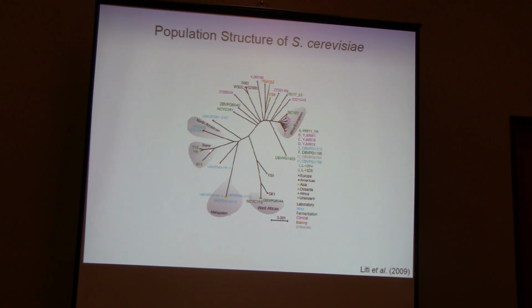So there are a large number of SNPs that make these strains different from all of the other strains. And so there's, of course, very high FST and strong structure. There are also indications that quite a few strains show admixture between these groups, which is not easy to see on this tree, but if you run population structure analysis, there are some strains that are mixtures of these different groups.